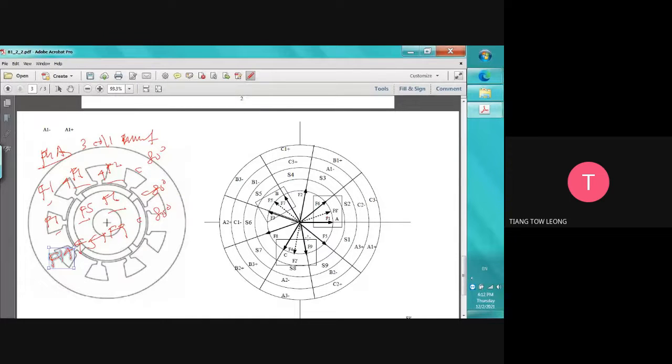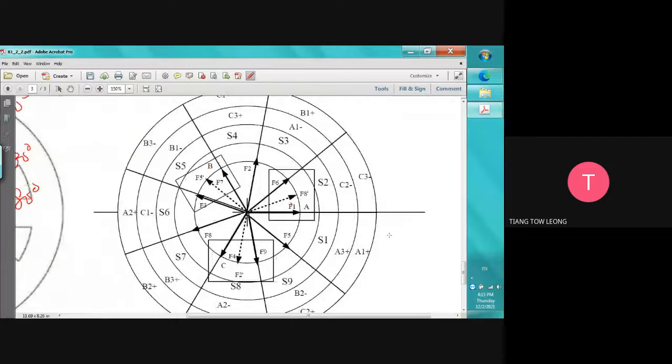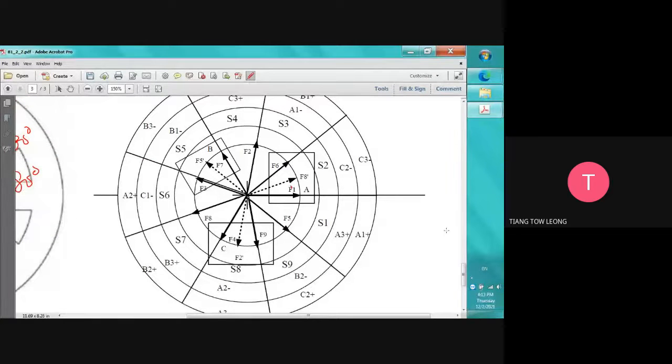This is the trick, because this is a vector and we want to find the smallest value between the solutions. From experience, we reverse this vector to the back, becoming F8 prime.